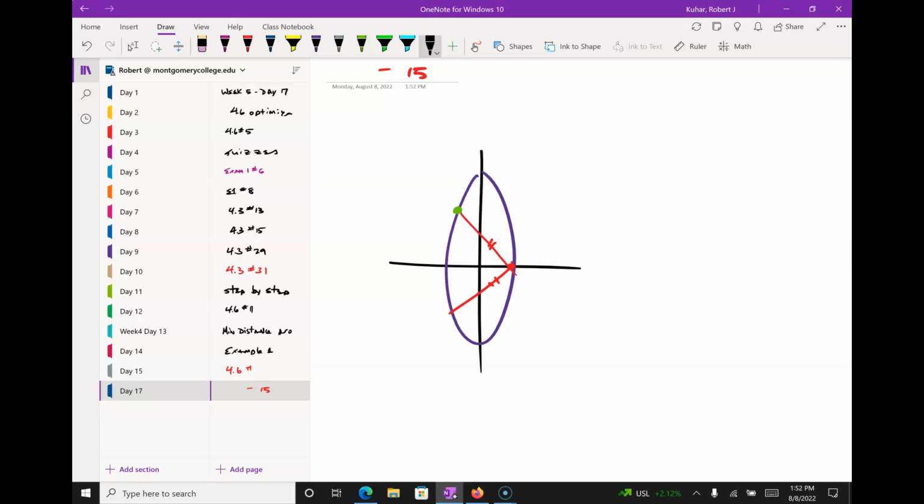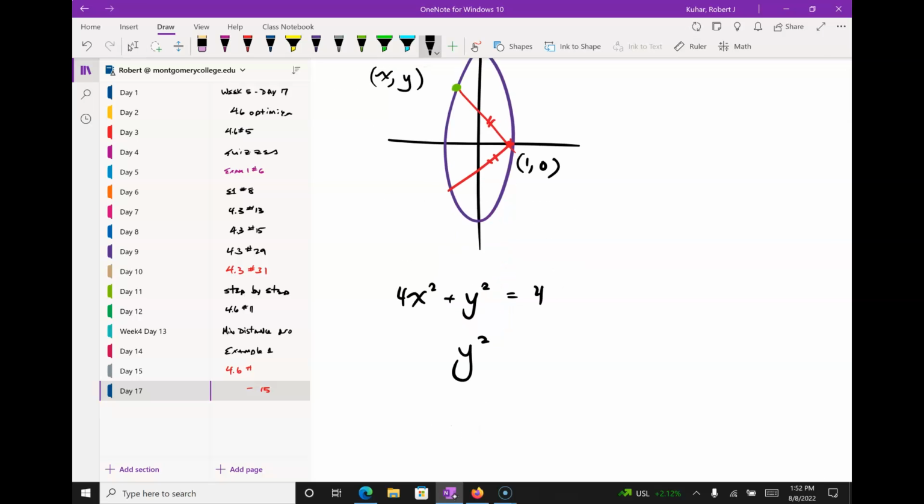So what do we know? We know this point is 1, 0. The other point is x comma what? Well, y, of course, right? 4x squared plus y squared equals 4. So y squared equals 4 minus 4x squared. Y is the positive. Remember, I wanted the positive one.